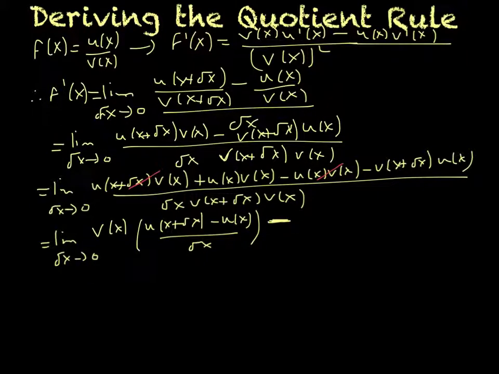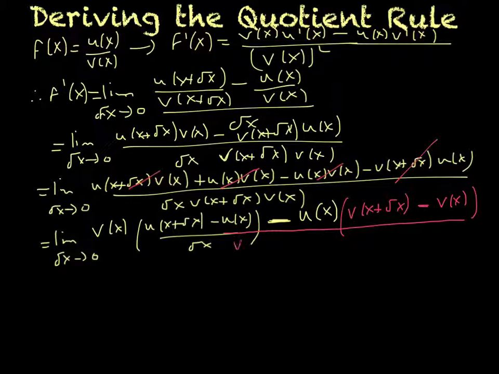I want a minus, but we just need to be careful here because I'm going to take out a u of x factor this time, from here and here. Notice this is a plus, so in here needs to be a minus, which is exactly what we want. And remember, this is all over delta x, v of x plus delta x.